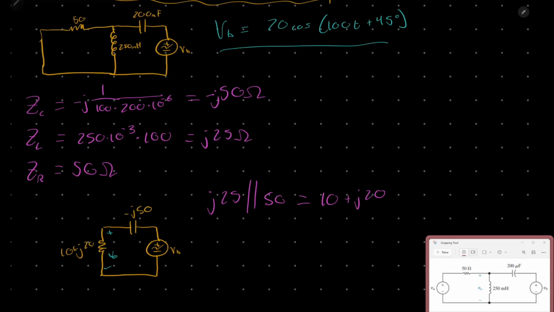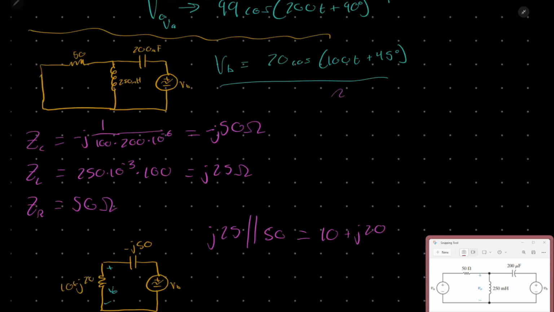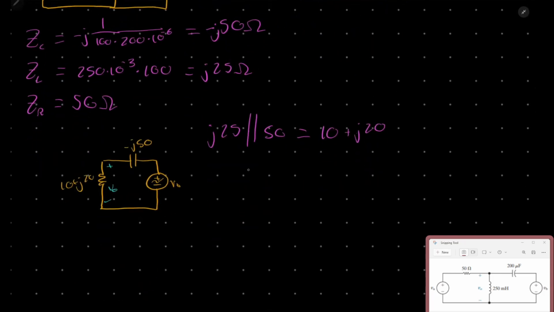So to do that, we'll do the same method we did above, 70 cosine 45 to get VB equal to, we'll just round that to 49.5.